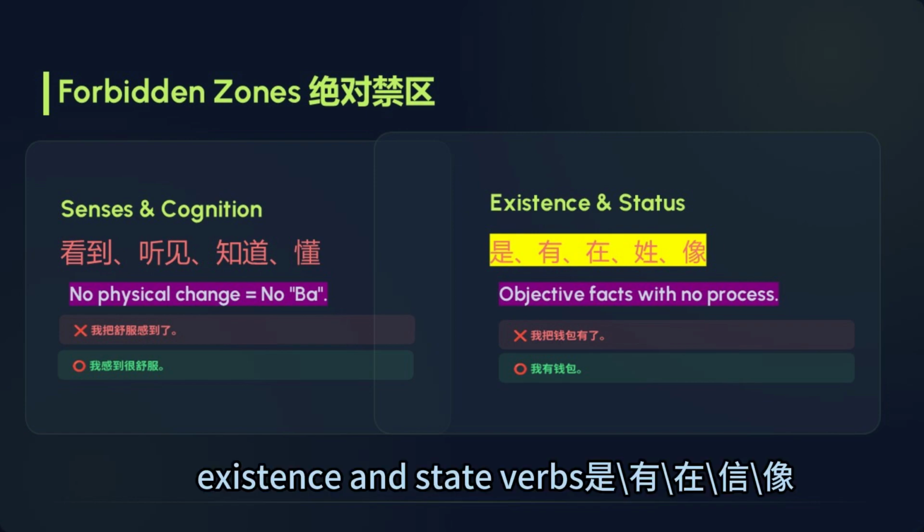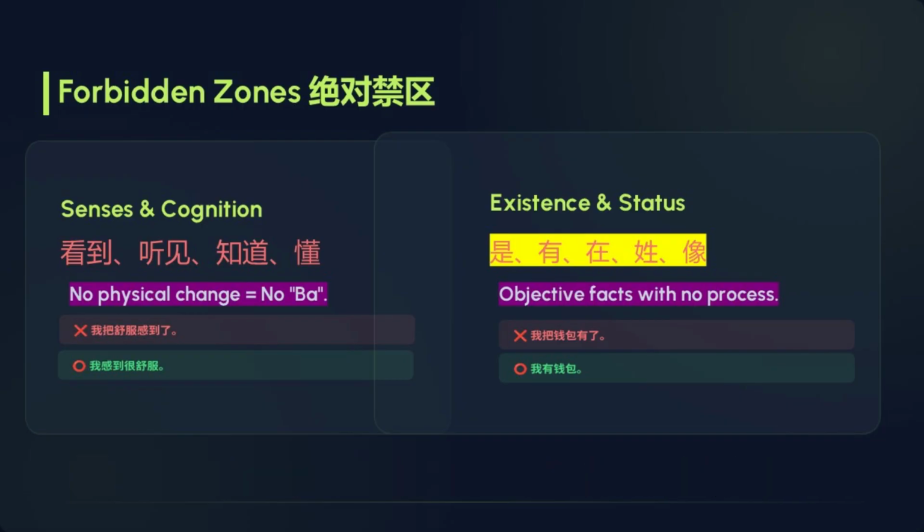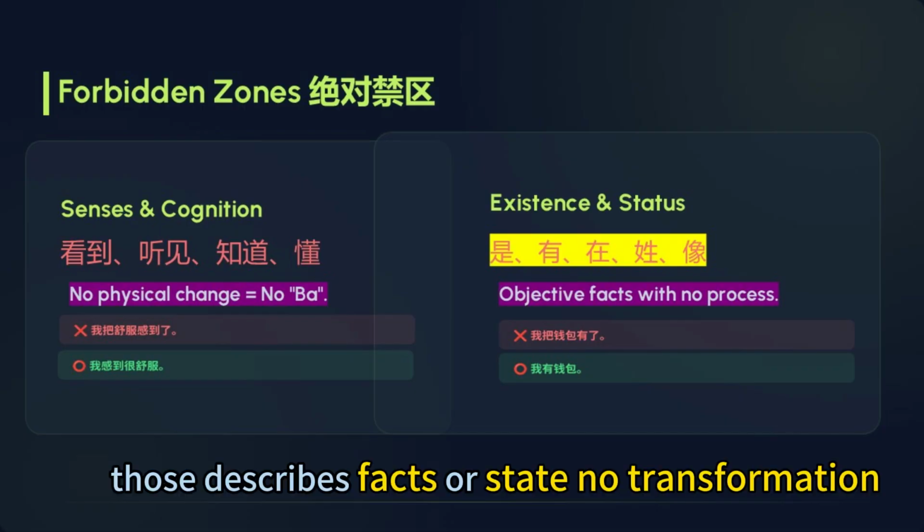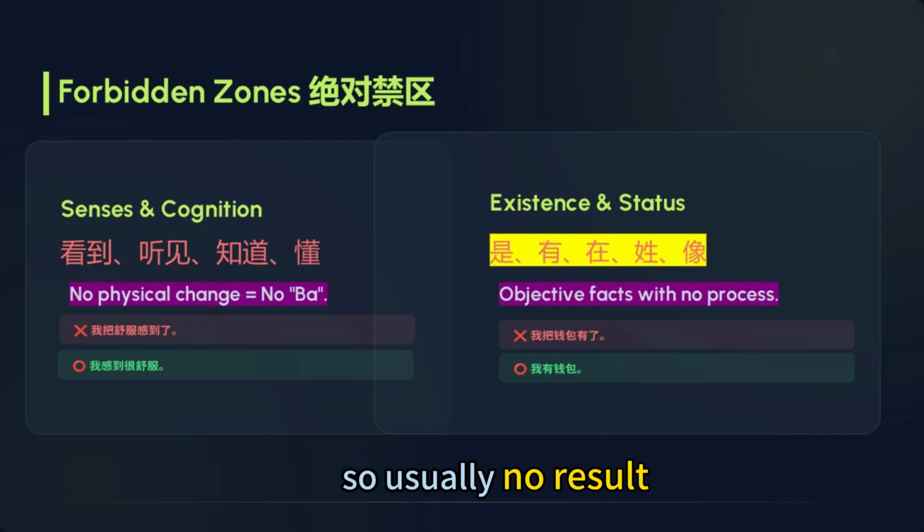Existence and state verbs: 是, 有, 在, 姓, 像. Those describe facts or states, no transformation. No result means no 把. You can't say 我把钱包有, right?